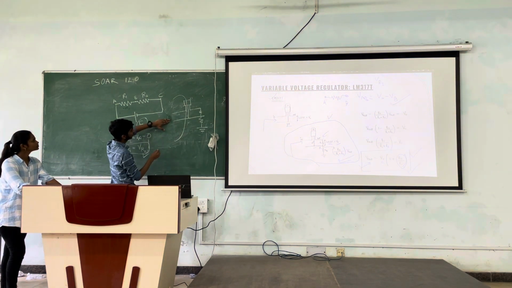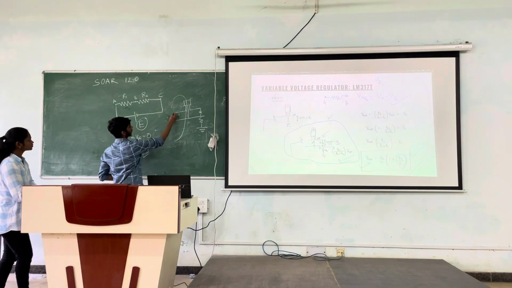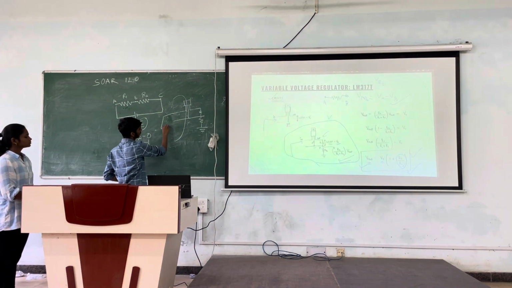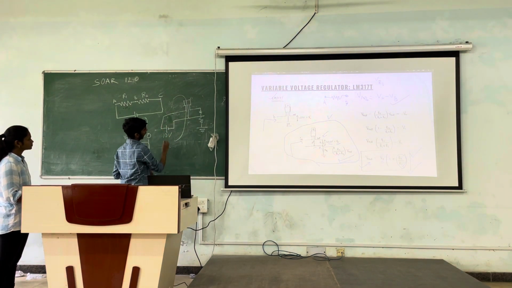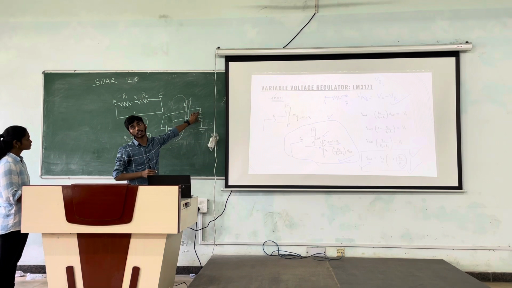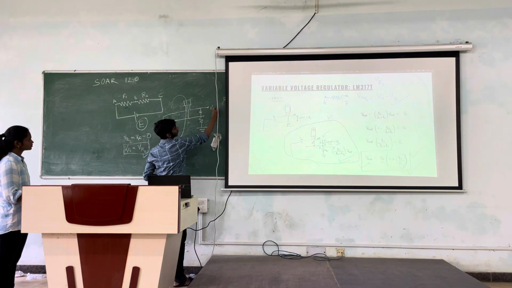So we can connect a DC power source. Like we can connect a power supply here. Let's say it is a battery of 10 volts, and the resistor combination chosen here, let's say, is chosen so that it gives V out of 7 volts.